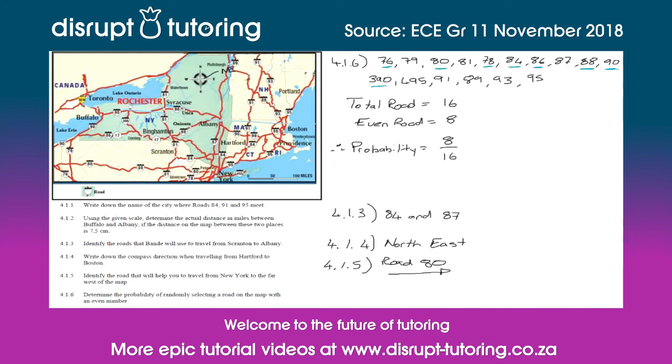So it's the total number of possible roads, and then we take the number that is in the selection criteria, which they said randomly selecting a road on the map with an even number. So our selection criteria is the even numbers. As we demonstrated, we counted 8 of them out of a possible 16. So 8 out of 16, and we can just leave it like that, is the final answer.